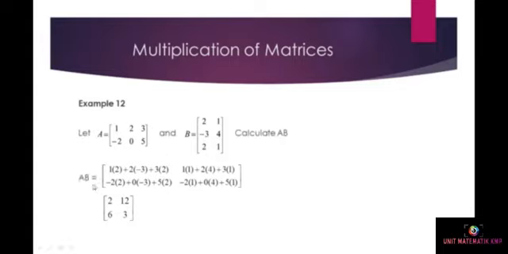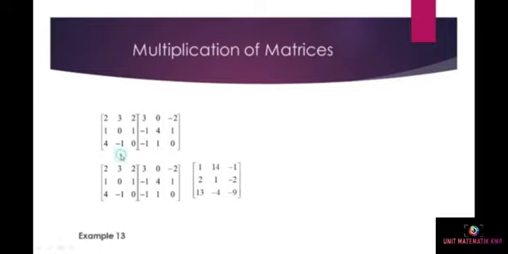AB equals matrix A times matrix B. So here AB equals 2 12, and here. Example 13. Find the multiplication of two matrices. So we get the answer here.